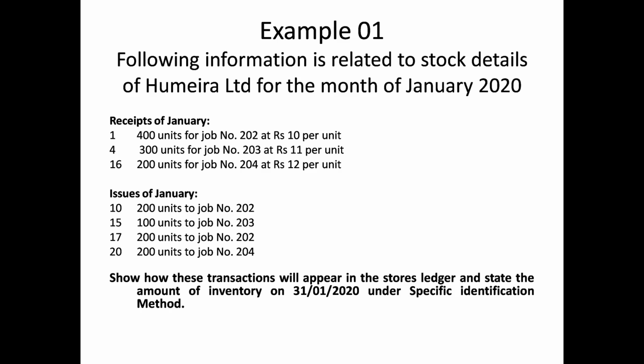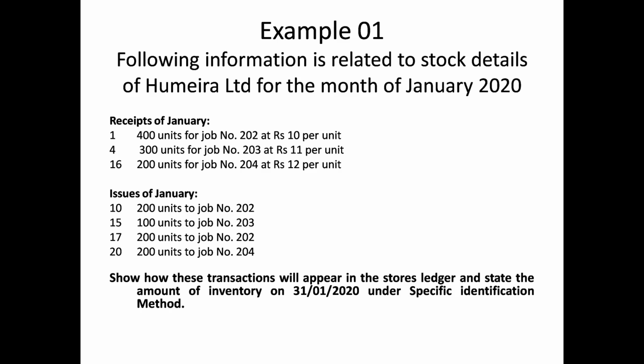Then issues of January. Inventory issues. I have given you the date, quantity, and the job number. And the issue price has not been given. Therefore, you have to decide the issue price when you are preparing this stores ledger.